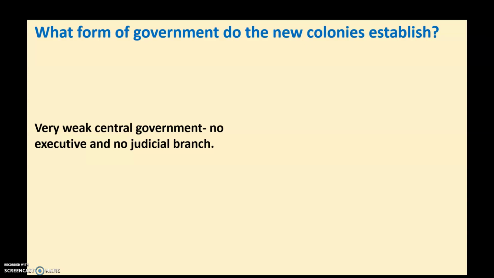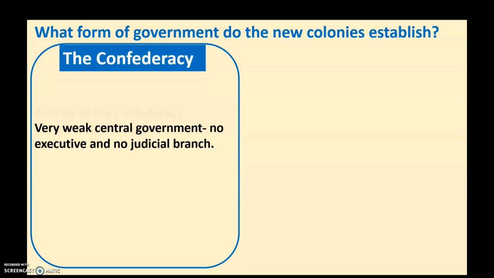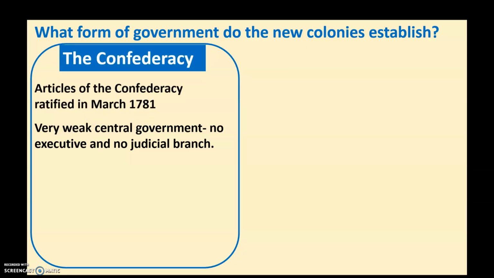The Spanish were around as well. So they were surrounded, if you like, by enemies. But their first thought was, what type of government shall we establish? And their first idea was something called the Confederacy. This was ratified in March 1781. What it basically was, was a loose alignment of these 13 colonies. So what it had was a very weak central government.